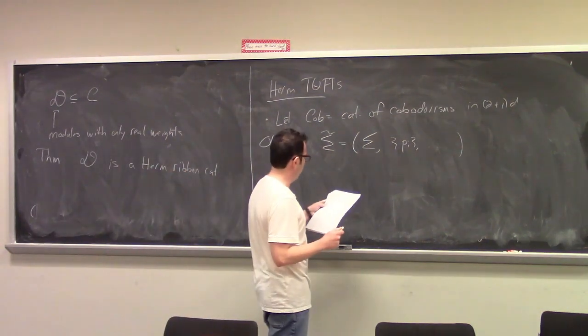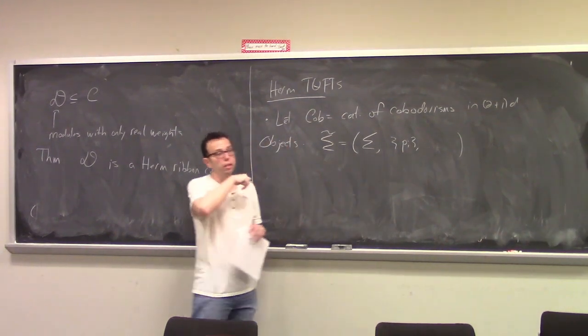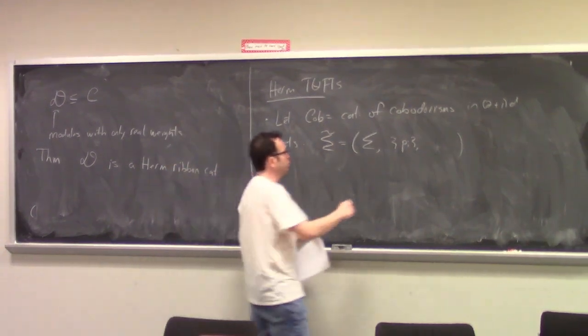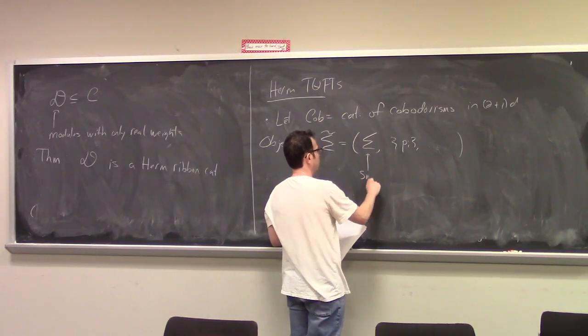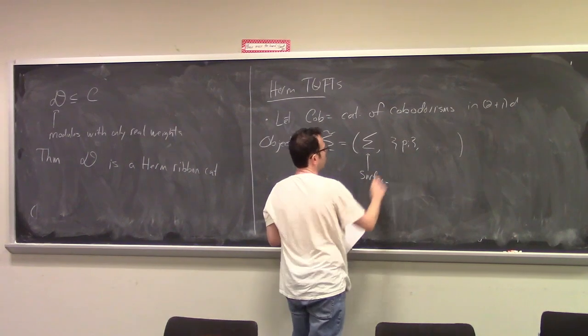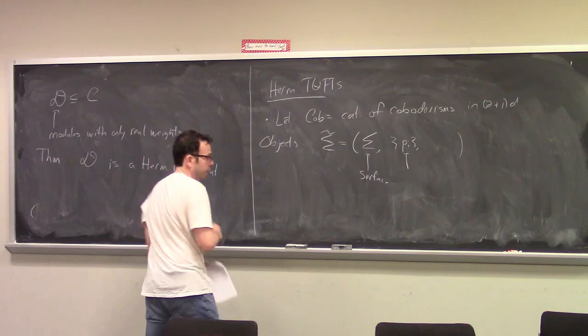These marked points are what you call defects? Exactly right. So this is a compact oriented surface, and these are marked points in the surface, labeled by objects in, let's say, D.